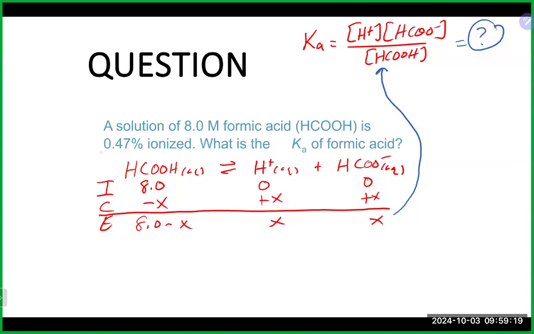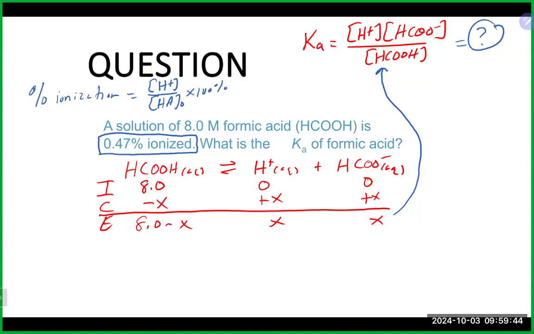That's where the other piece of information comes into play, which says this is essentially 0.47% ionized. So we can use our percent ionization formula that we just saw, which equals the H plus concentration at equilibrium divided by the initial concentration times 100%.